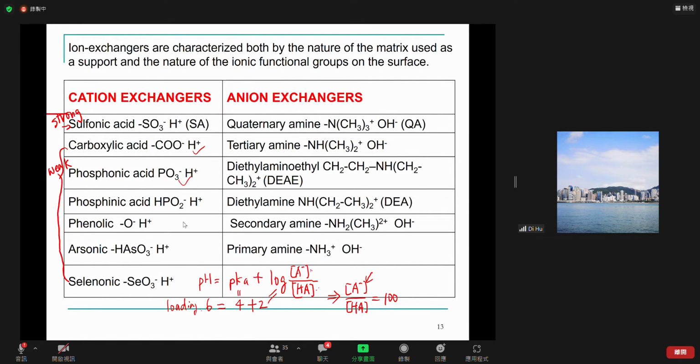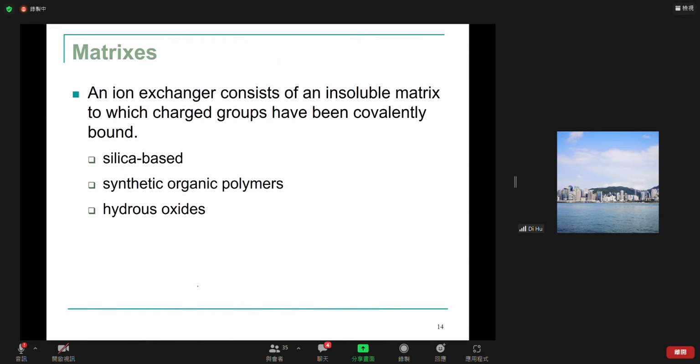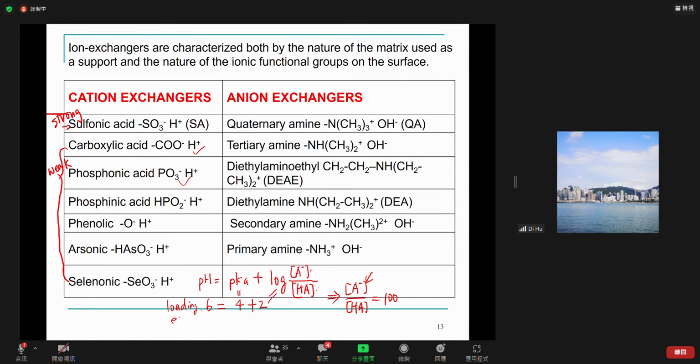So you want the pH to be 2 units below, 4 minus 2. That means the ratio is 0.01, right? So that means mostly it will be the neutralized form.